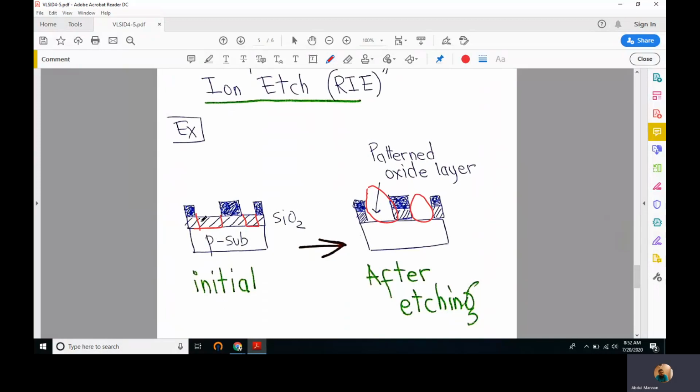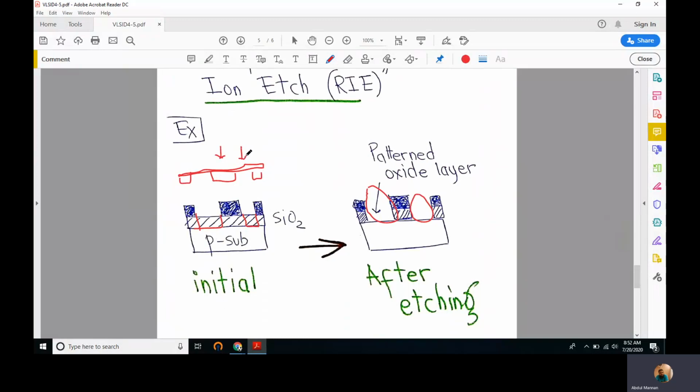With the same technique, we harden some layers by applying a reticle or mask over it, which is opaque at some portions and transparent at others, and then it's exposed to UV light.